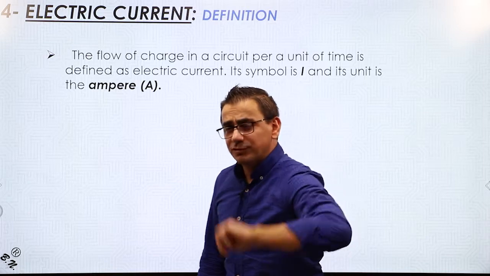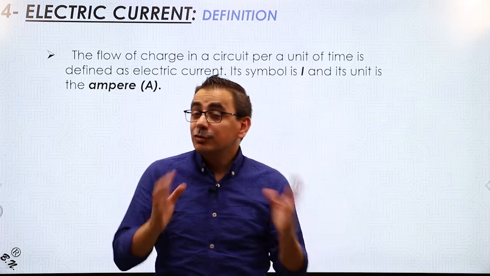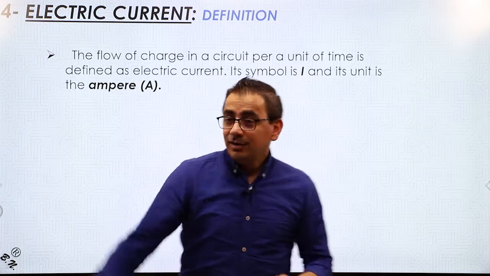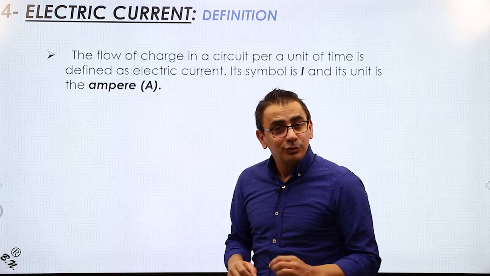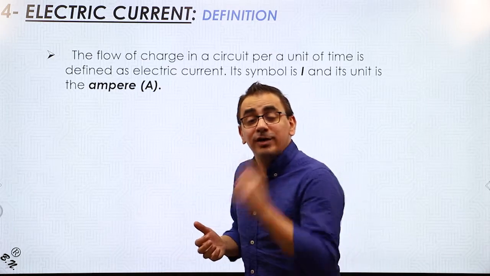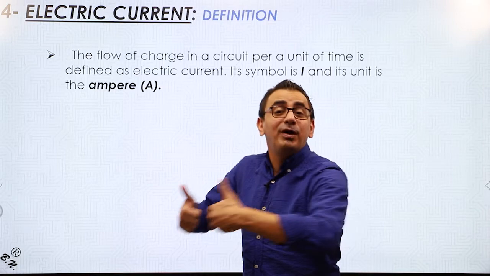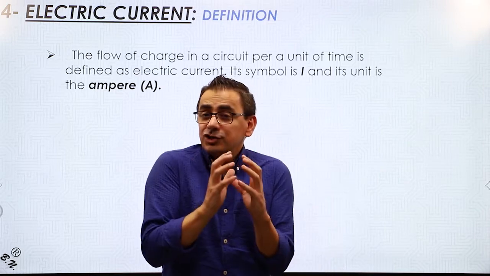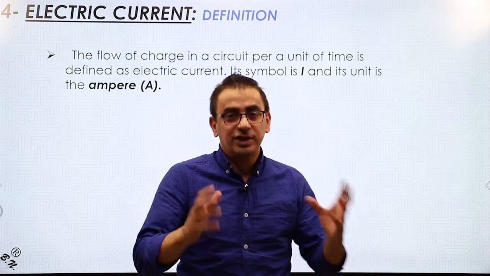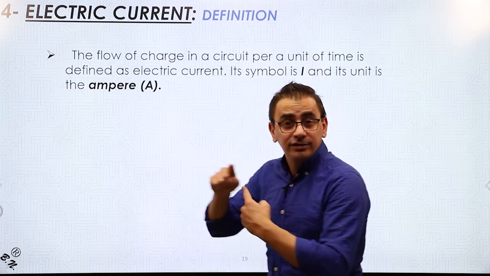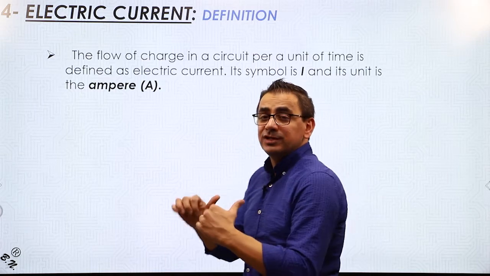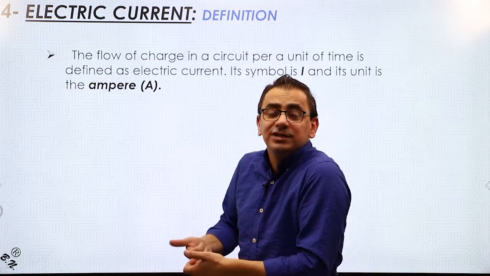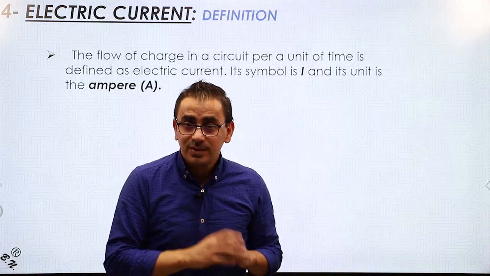Since we have two types of charge, positive and negative, we have to be more specific. When we talk about electric current, we talk about the flow of positive charge. If the charge in the circuit is negative, such as electrons, we take the current as the flow in the direction opposite to the flow of electrons. Okay?